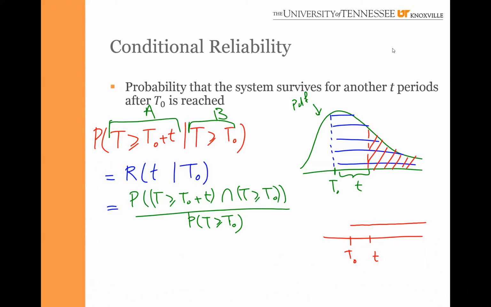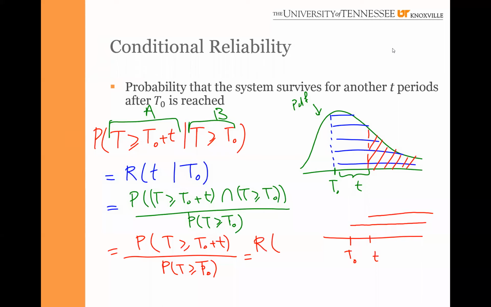The other one says T greater than or equal to T0 plus T. Which one is smaller? Intersection needs to be smaller. It should be in both. Which one is in both? Exactly. So this essentially simplifies to probability that T is greater than or equal to T0 plus T, over probability that T is greater than or equal to T0. So what is the top one? It's the reliability at T0 plus T over the reliability at T0.